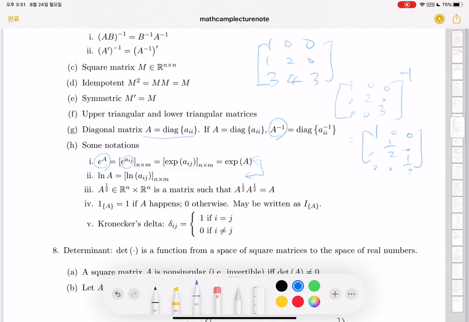So for the econometrics lecture, I'm going to use them without any mathematical meaning. Okay, it's just a notation.